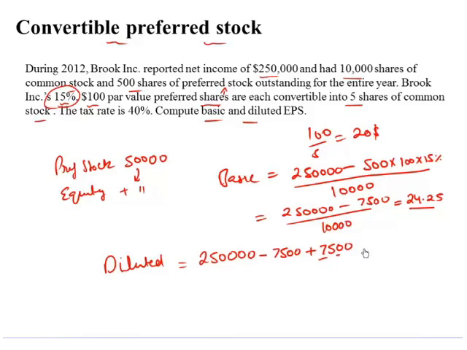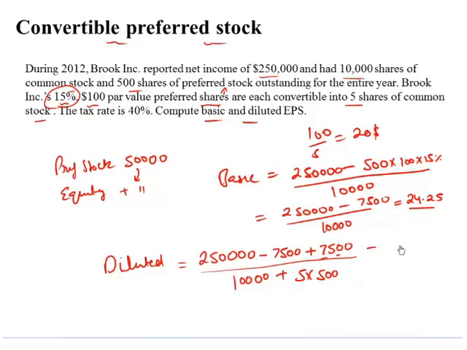No tax benefit will have to be taken away, because no tax benefit was ever received. However, the number of shares will go up because of the conversion of the preferred equity into common equity. So 10,000 was the original number of shares, plus 5 shares for each of the 500 shares of preferred stock.